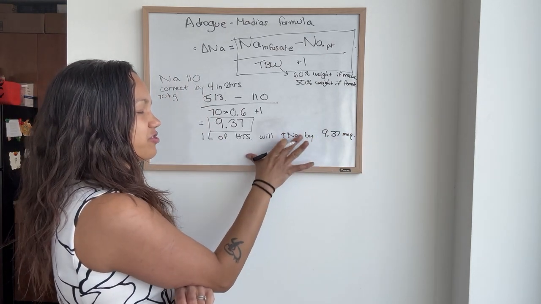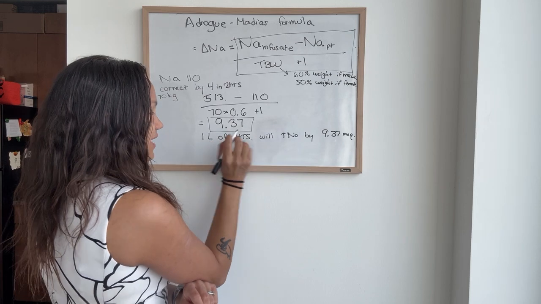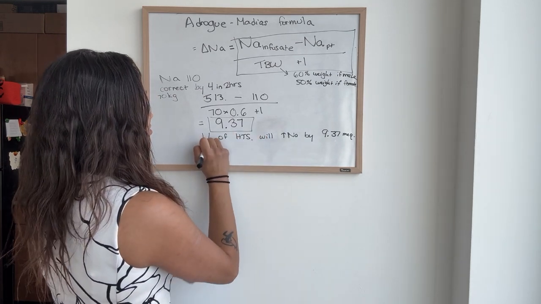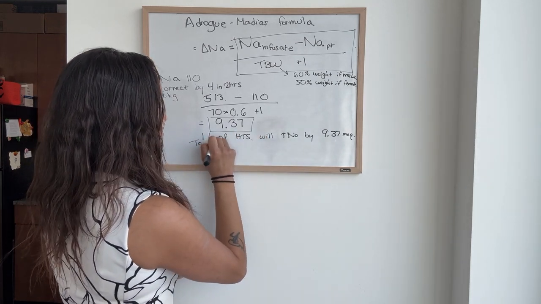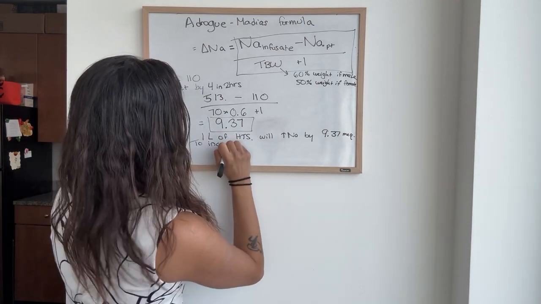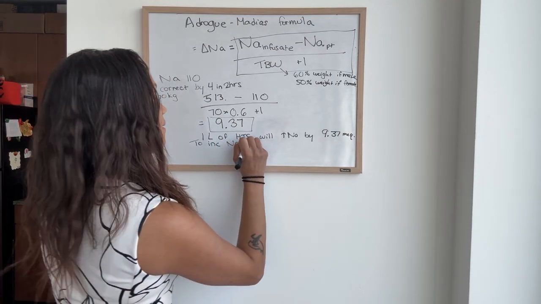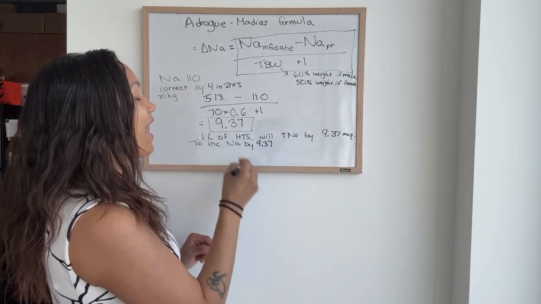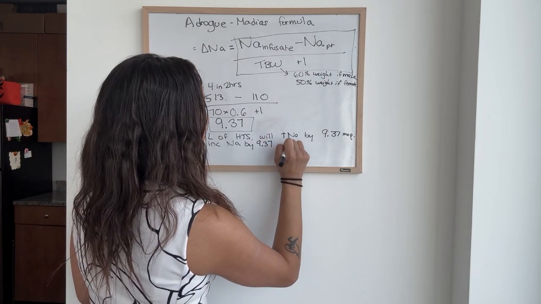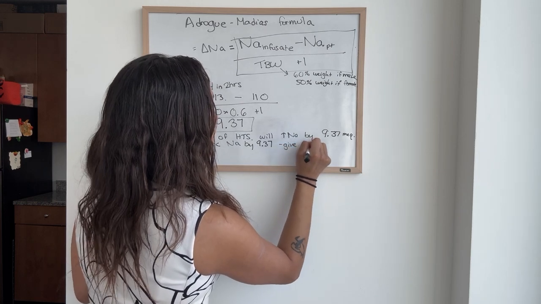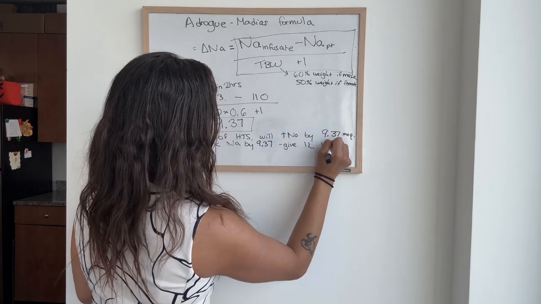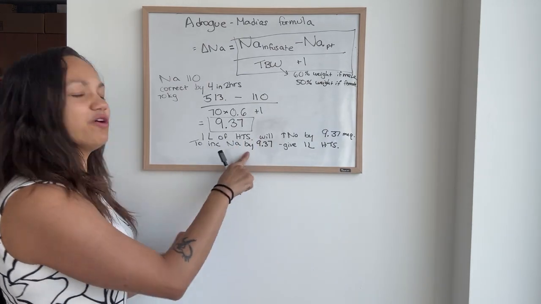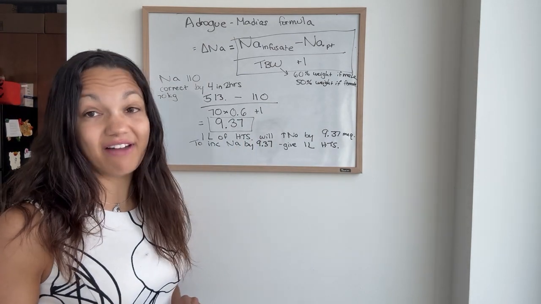So let's turn this around a little bit. Let's write that a different way. To increase my sodium by 9.37, I have to give 1 liter of hypertonic saline. I don't want to increase my sodium by 9.37.